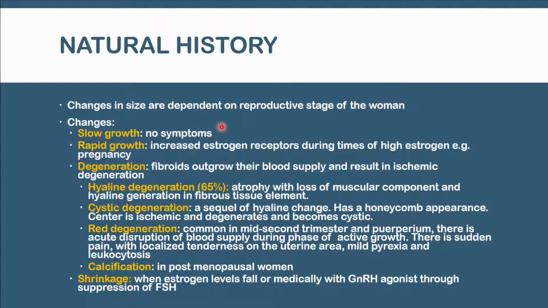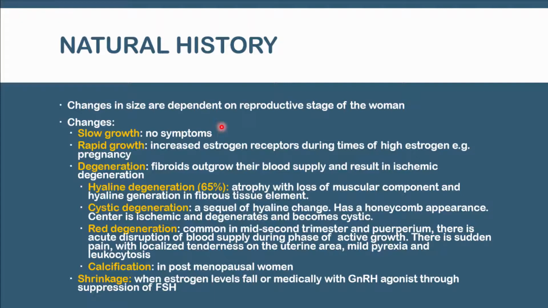Now, they may undergo certain rapid growths, and they may increase the number of estrogen receptors present during certain phases, such as pregnancy. Then as they grow, they may outgrow their own blood supply, and that's going to result in ischemia, and they'll develop what is referred to as ischemic degeneration.